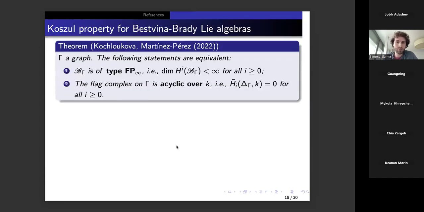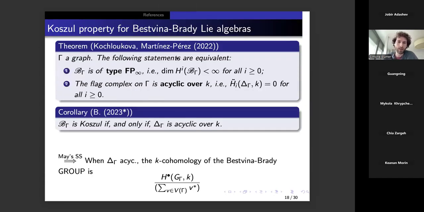In order to end the proof, we use this result of Kochloukova and Martínez-Pérez, which relates a finiteness property of the Bestvina-Brady algebra with some acyclicity of the flag complex of the graph. And so we get that B gamma is Koszul if and only if the flag complex is acyclic over the field.